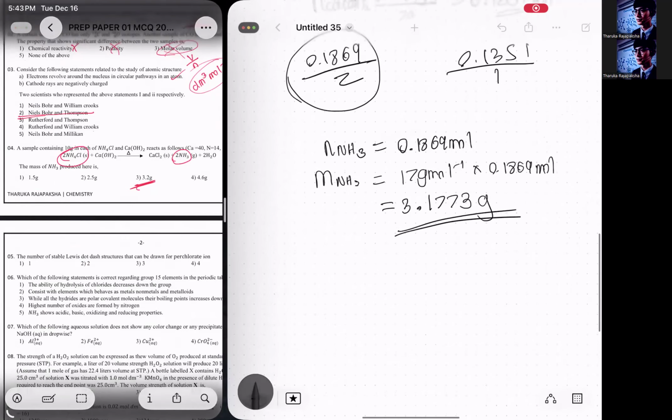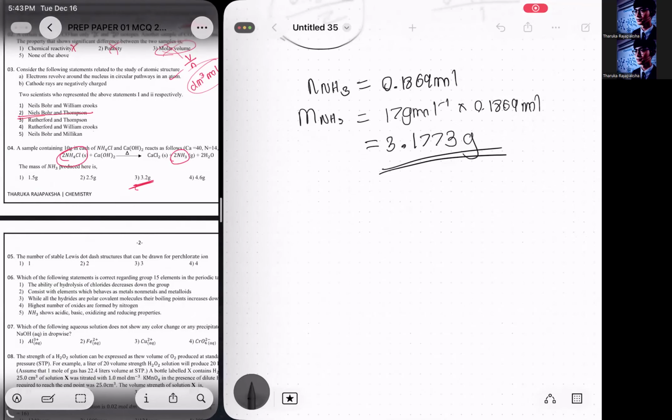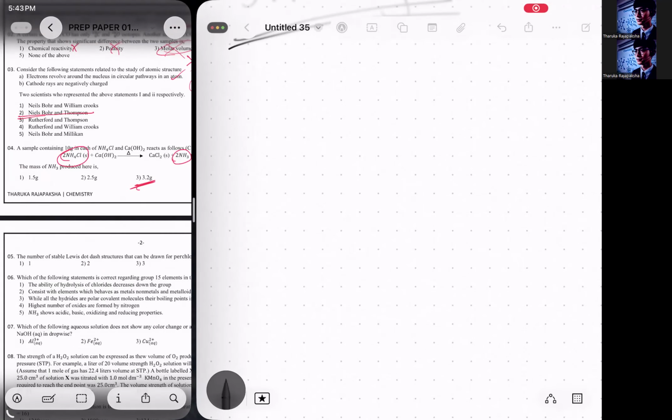Fifth one, people: the number of stable Lewis dot structures that can be drawn for the perchlorate ion. Now, this comes under inorganic: how to identify perchlorate, hypochlorite, and how do you identify them?